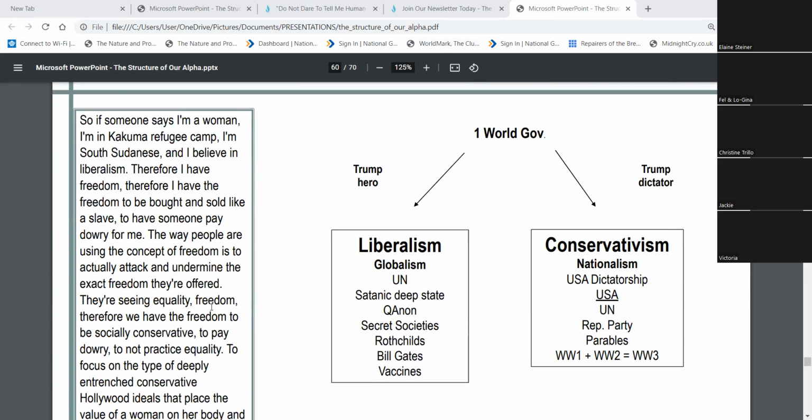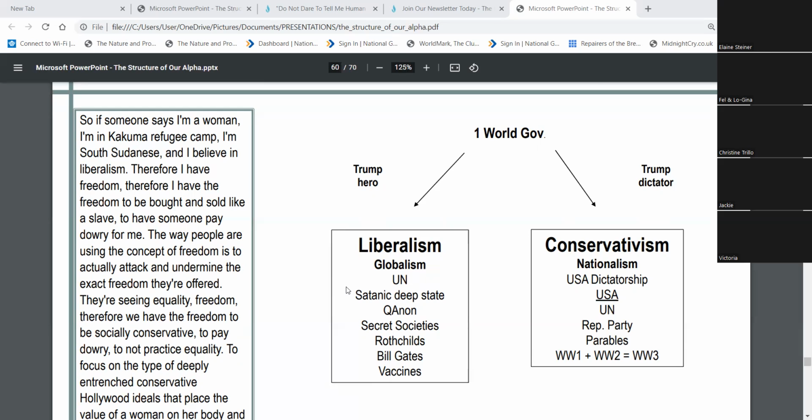So if someone says I'm a woman, I'm in Kakuma refugee camp, I'm South Sudanese, and I believe in liberalism, therefore I have freedom, therefore I have the freedom to be bought and sold like a slave, to have someone pay dowry for me. The way people are using the concept of freedom is to actually attack and undermine the exact freedom they're offered. They're seeing equality, freedom.